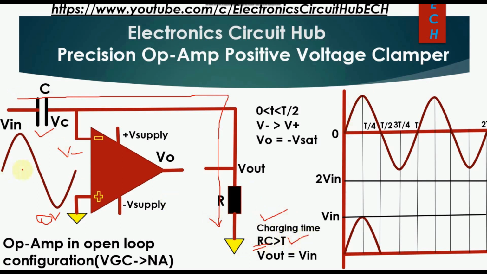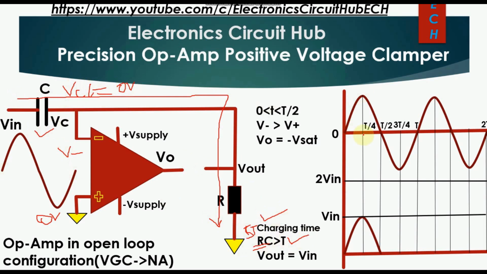Even at its settling time of 4 or 5 time constants, it would be very high, so the capacitor will not get charged. So VC equals 0 volt again at t equals T by 4.